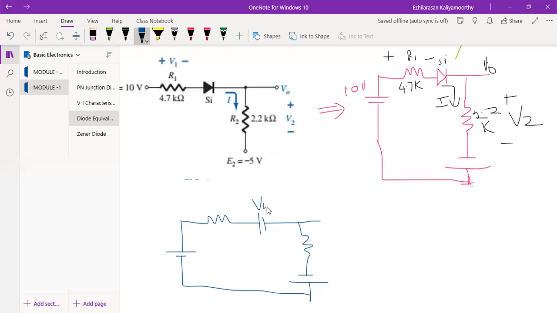Then this you can write as VB, that is nothing but 0.7 volt. This is 0.7 volt. This is 10 volt. This will be your minus 10. Very, very important. This is minus 10.